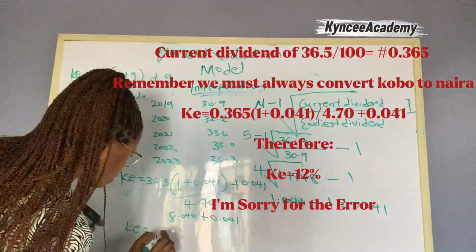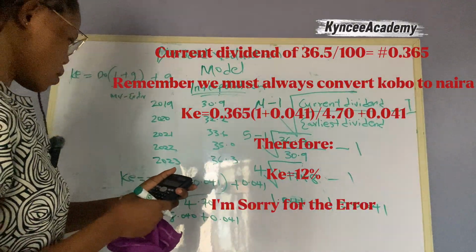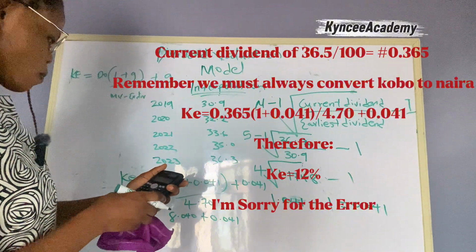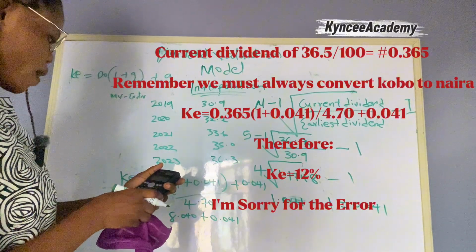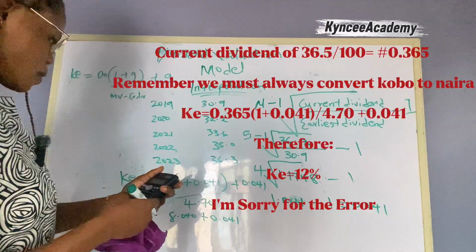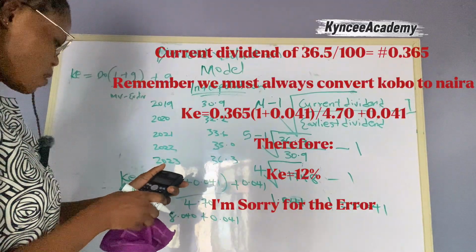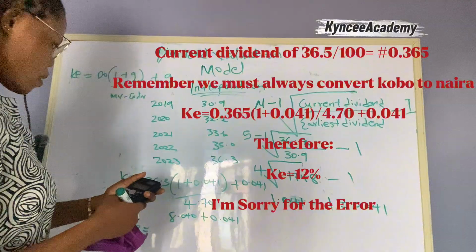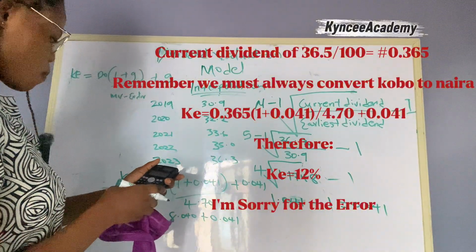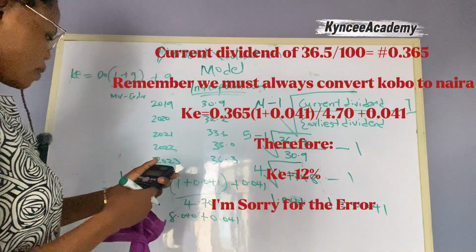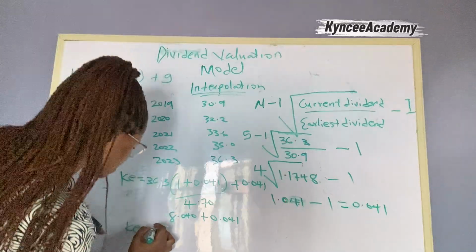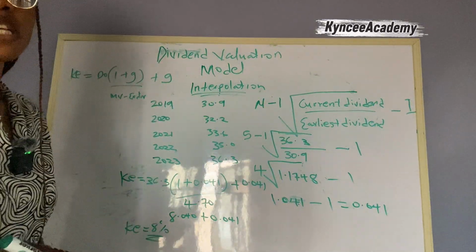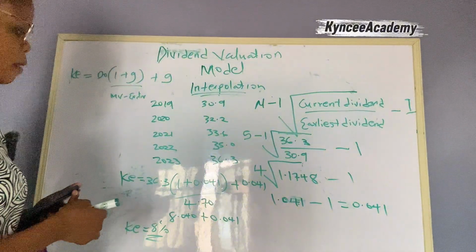So we have Ke equals 8%, that is 8 times 1.041 divided by 4.70, then plus 0.041. That's 8%. So cost of equity is equal to 8%.